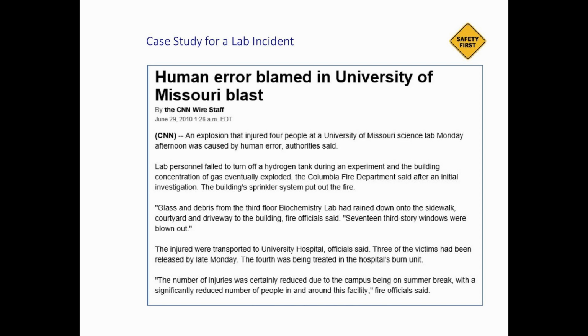The glass and debris from the third floor biochemistry lab rained down onto the sidewalk, courtyard, and driveway of the building. Injured people were transported to the hospital. Hydrogen hazard is critical. We need to pay attention to it. Even the university, with their chemistry background, knew about the chemistry. They understand the hazard, but if you don't pay attention, it could cause an accident.